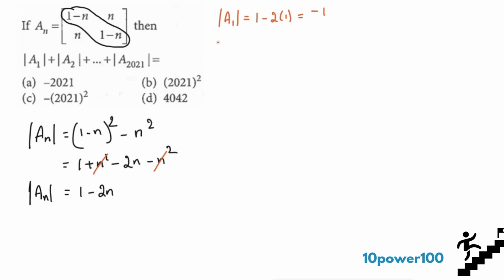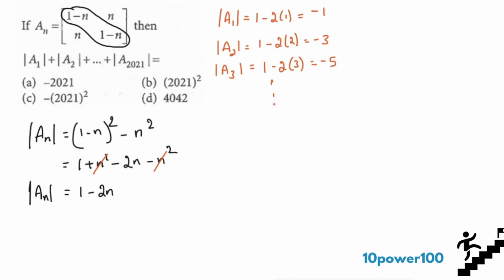Next one, determinant of A2 is equal to 1 minus 2 into 2. 2 2s are 4, 1 minus 4 is minus 3. Next one, determinant of A3 is equal to 1 minus 2 into 3. 2 3s are 6, so 1 minus 6 is equal to minus 5.